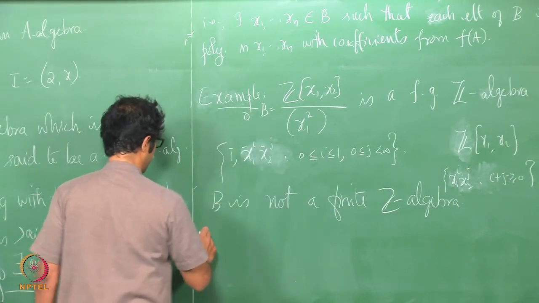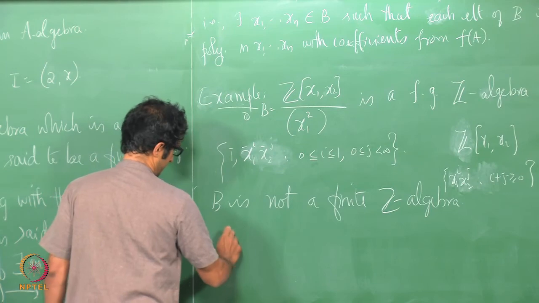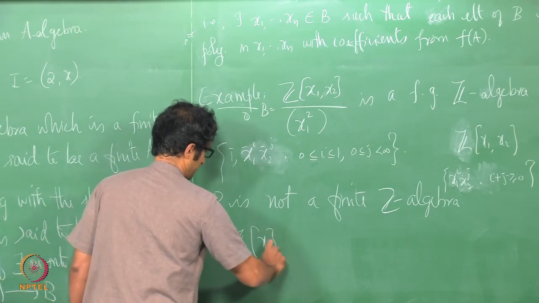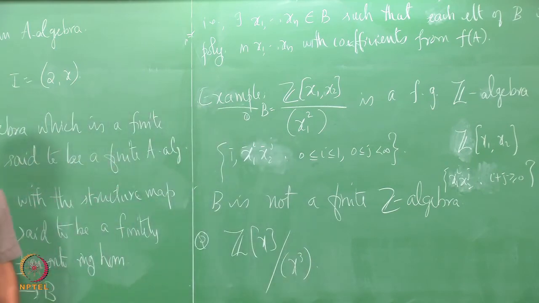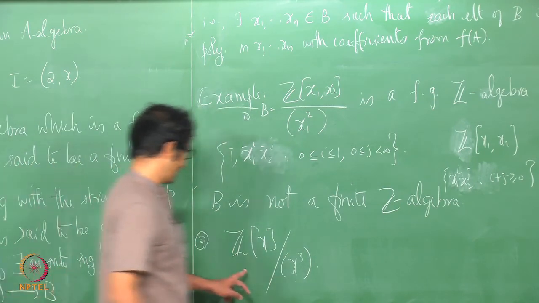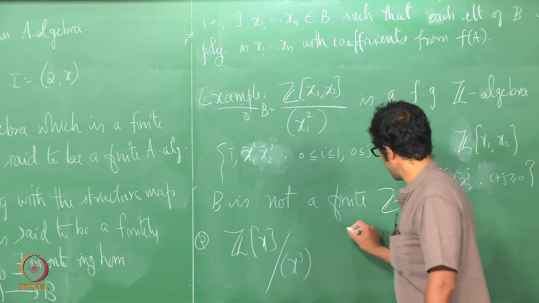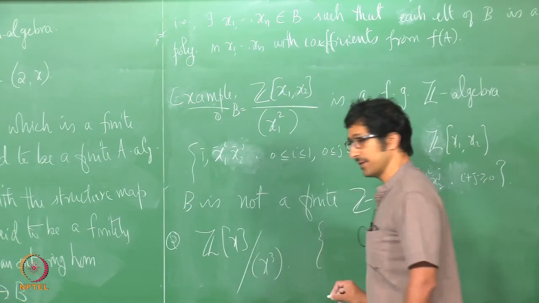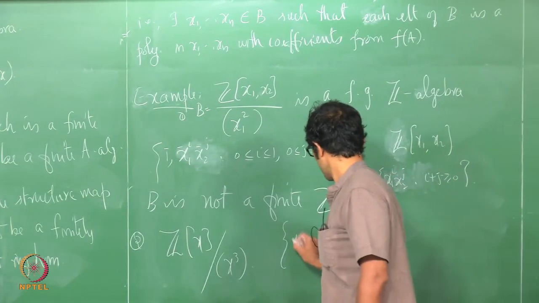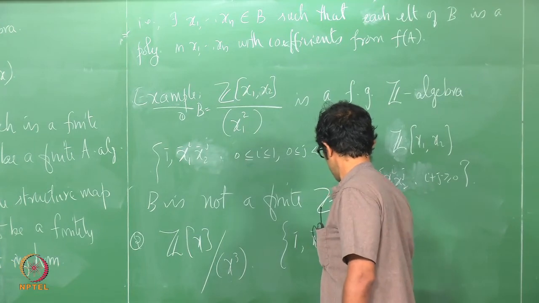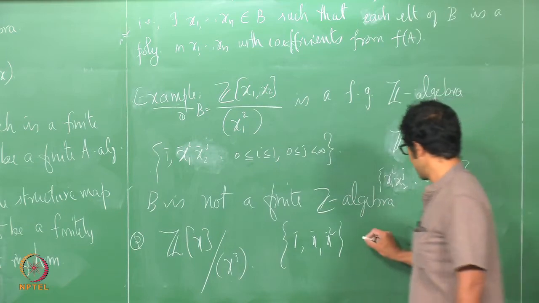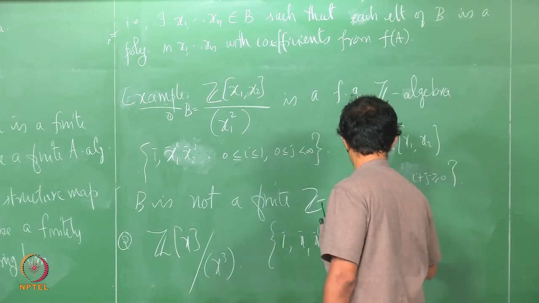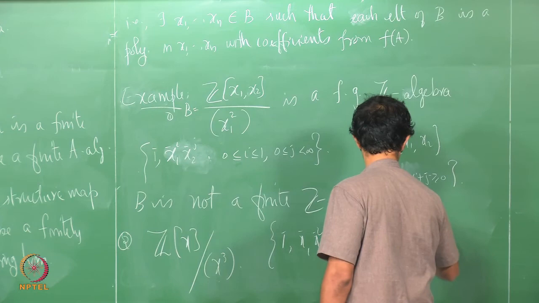And if I take Z[x] modulo x cube, as a Z module, can you give me a generating set for this one? Right, this is a Z basis in fact.